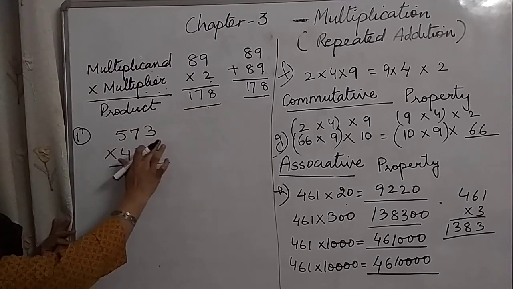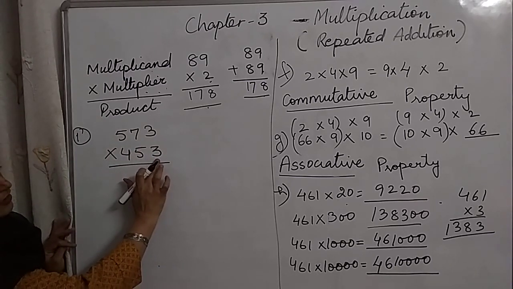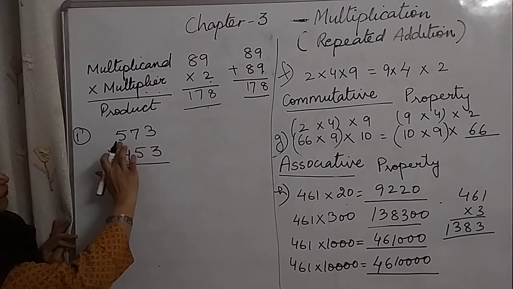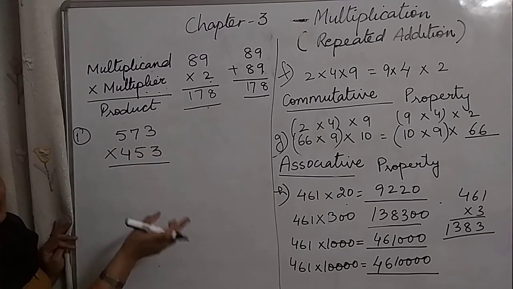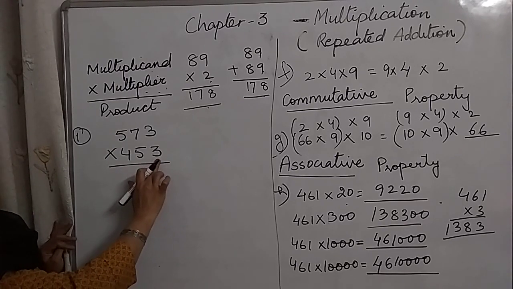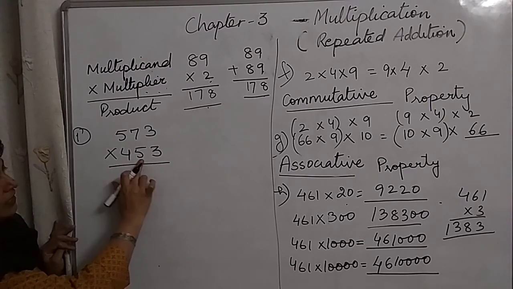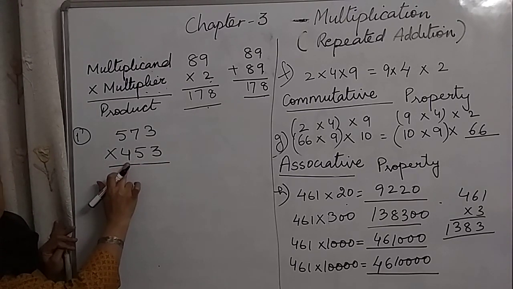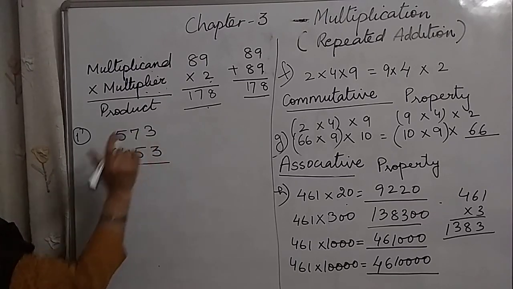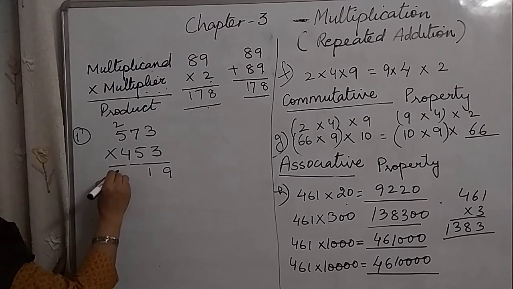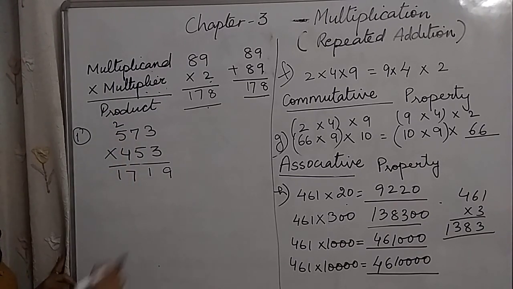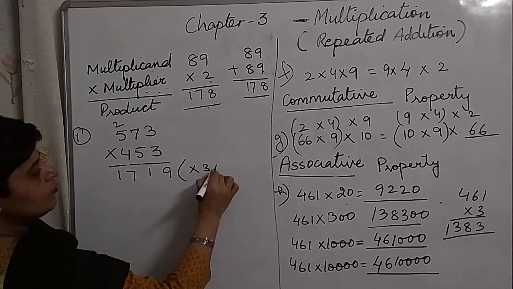Now, 573 is being multiplied with a number which has 3 at ones place, 5 at tens place and 4 at hundreds place. 3 threes are 9, 3 sevens are 21, 17. This was multiplied with 3 ones.